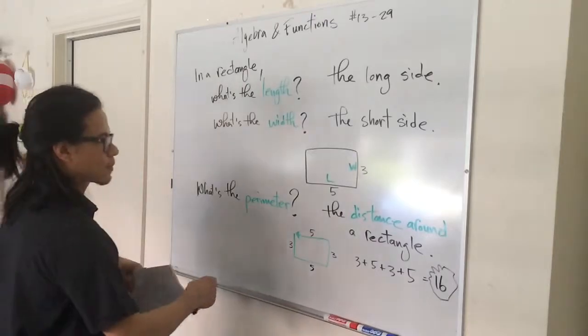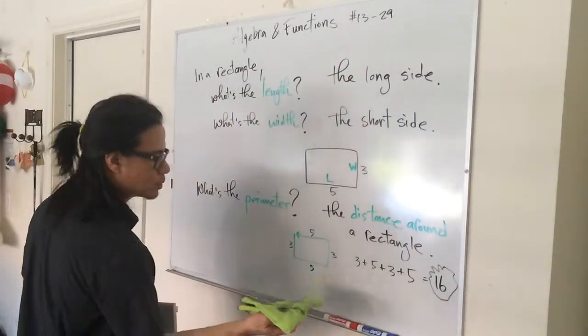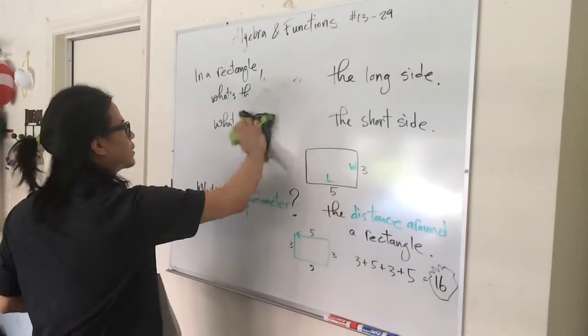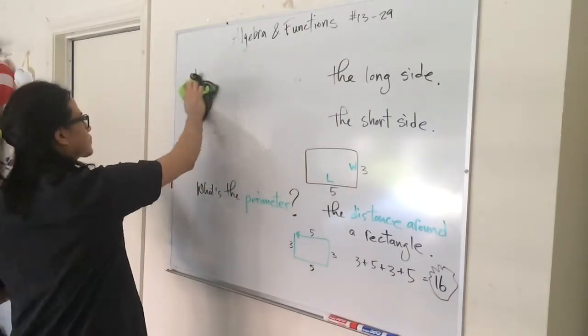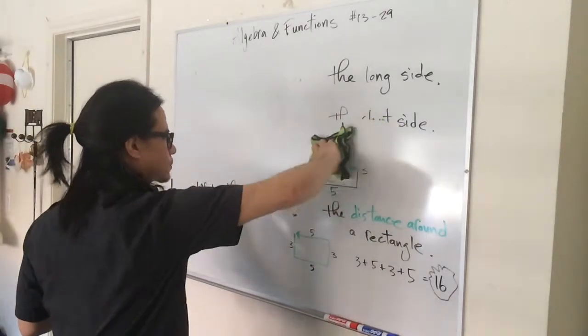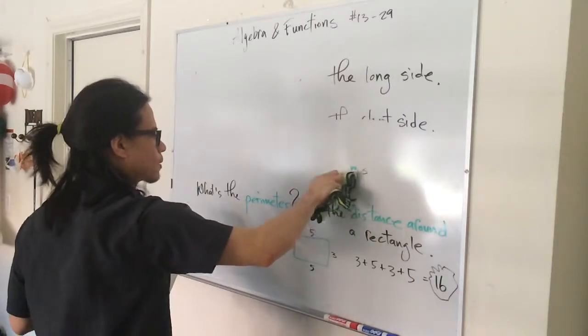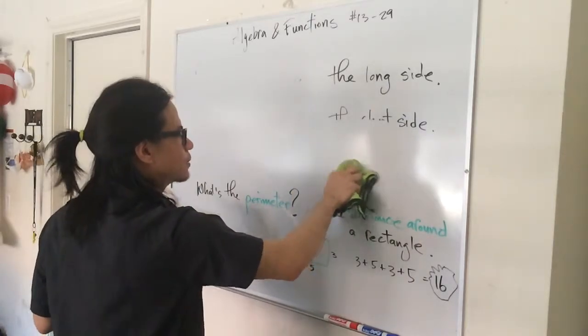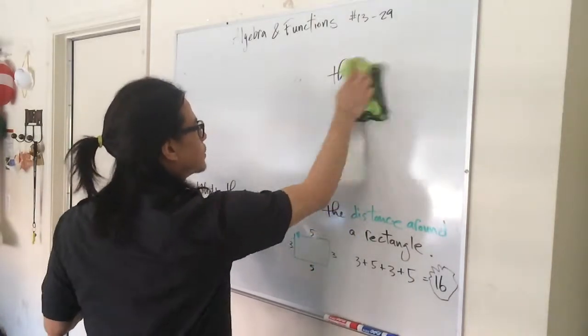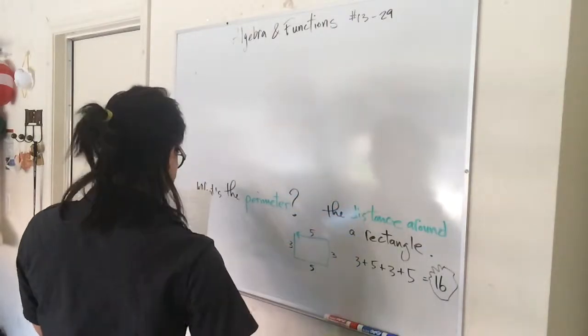Okay. So knowing that the perimeter is the distance around the rectangle, there's a formula to calculate the perimeter of a rectangle.